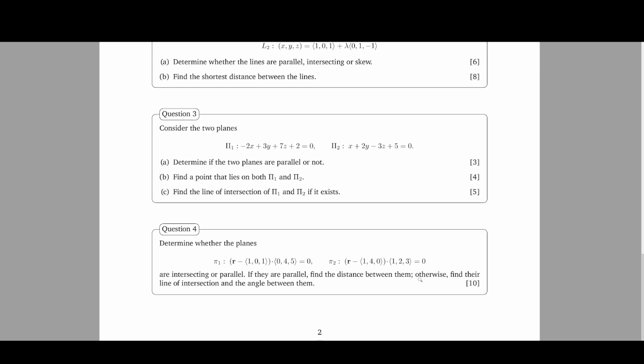So we don't need to do that. Otherwise, find their line of intersection, so we will need to do that, and the angle between them. So let's write something to say that they are not parallel because we can clearly see that, and then find this line of intersection.